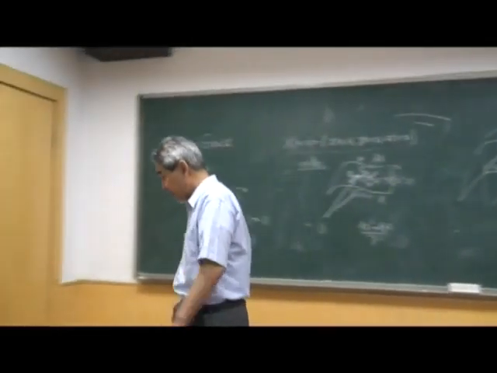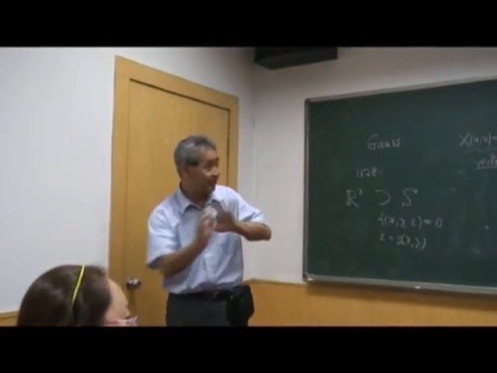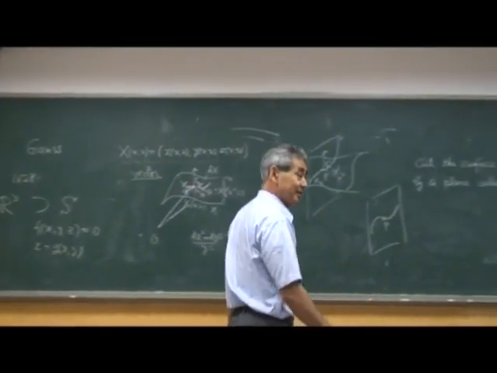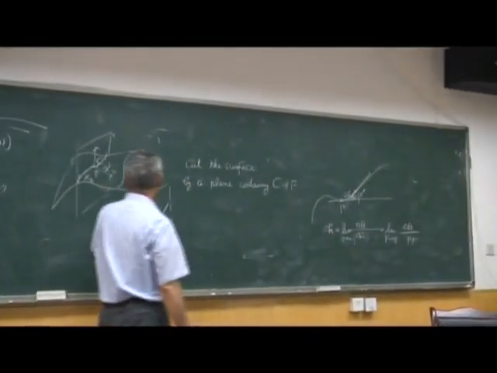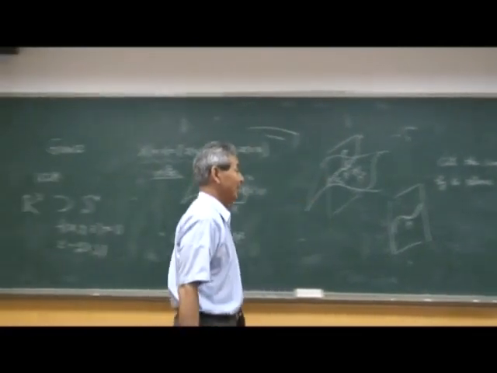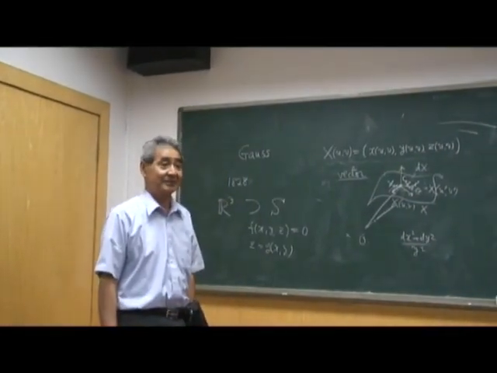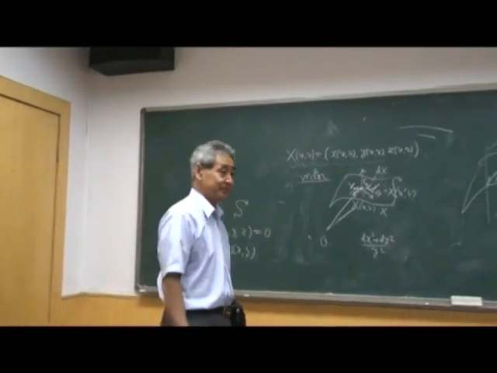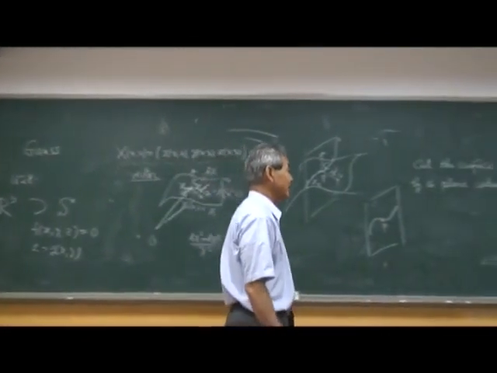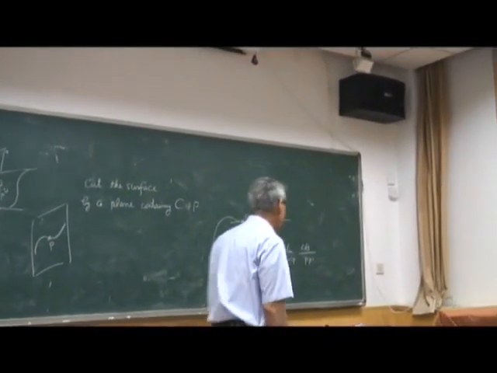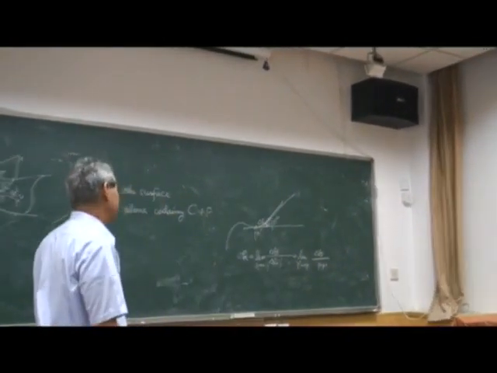And Gauss really wanted to calculate this for each of these planes, and find when it becomes maximum. So how can you calculate this? There are two possibilities.